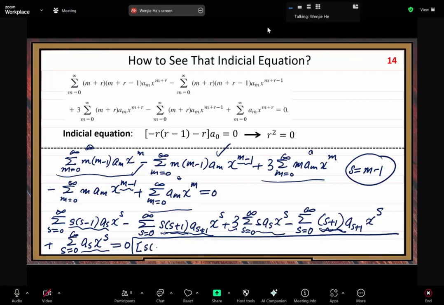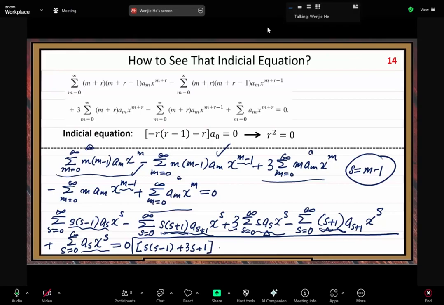S times S minus 1, that is the S part, plus 3S. Here I want to look at the coefficient of A_{S+1}.